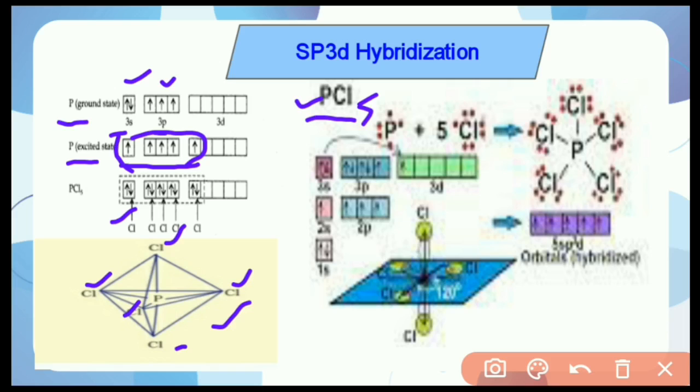So in this way, this PCl5 molecule forms a trigonal bipyramidal structure, and the angle between the axial and equatorial bonds is 90 degrees, and between equatorial bonds is 120 degrees. So two types of bond angle are formed in this molecule. When we see the Lewis structure, 5 chlorine atoms bond with phosphorus and make a trigonal bipyramidal structure.